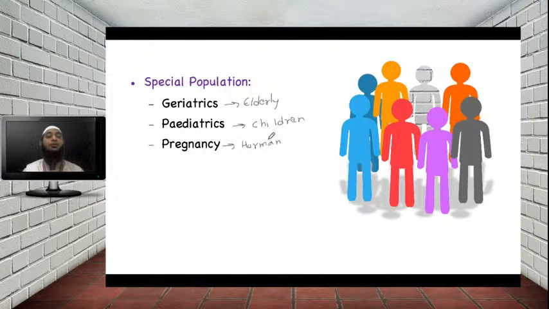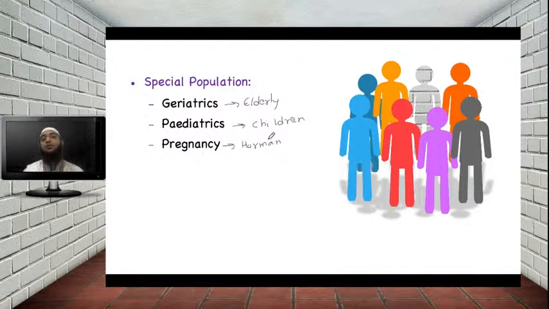A physician must also be cautious while prescribing medicines, especially to the special population. This is the reason why, for a pediatric patient, it is better to go to a pediatrician instead of a general physician or GP.